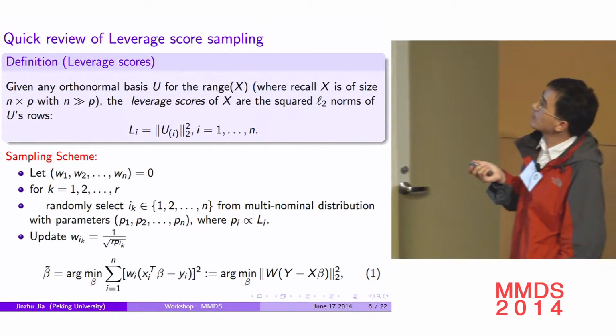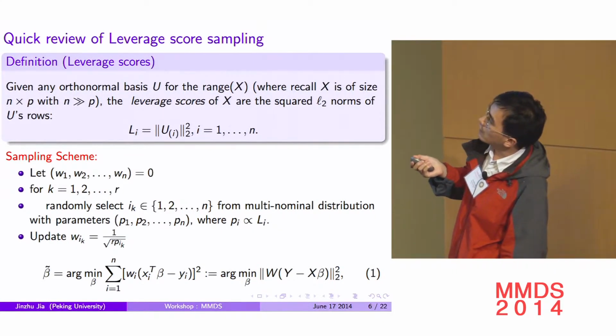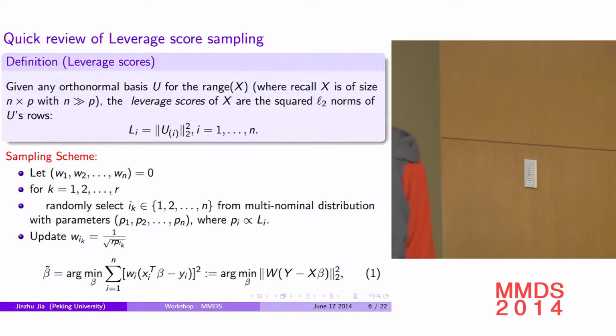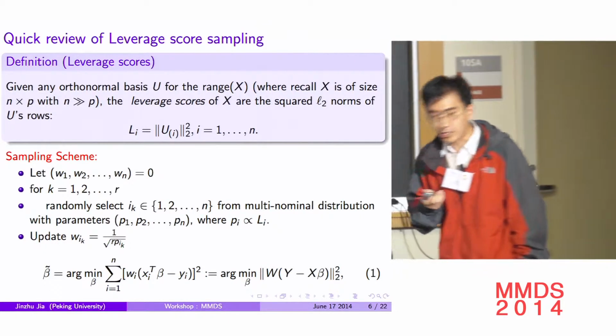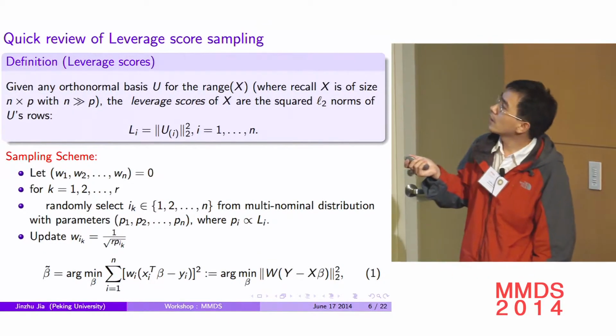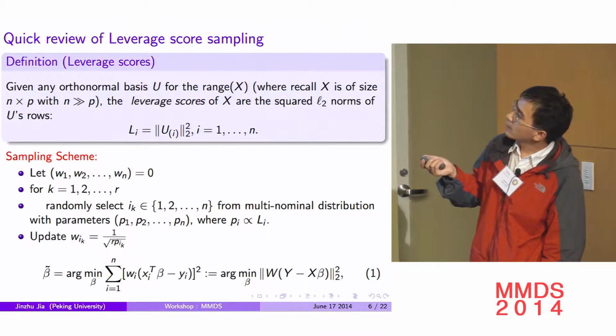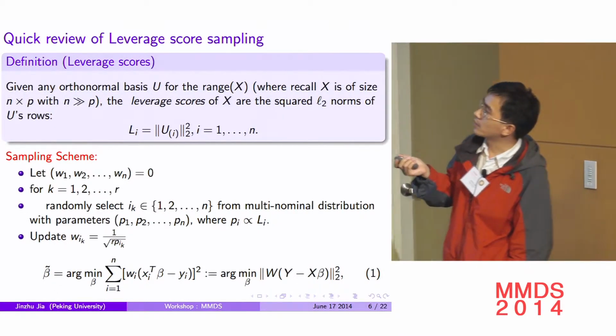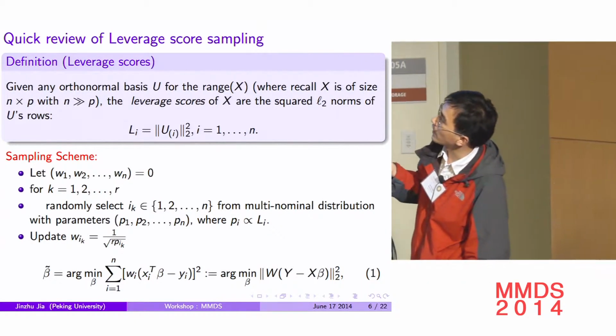This is the leverage score sampling procedure. Basically, we randomly sample each data point with probability proportional to the leverage score, and then give it a weight. The weight is equal to 1 over the square root of R times the probability.